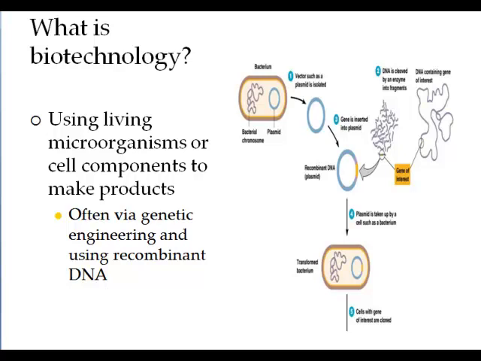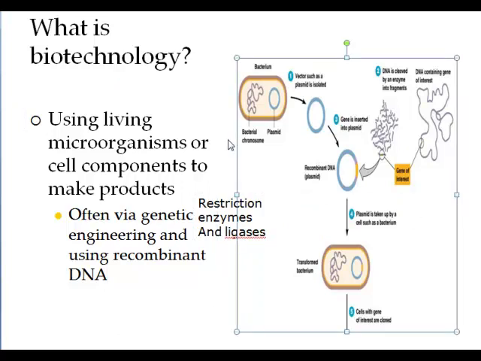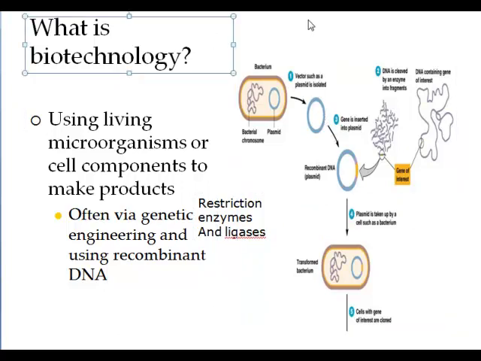Let me insert a text box and write these terms over here: restriction enzymes and ligase. Ligases are the kind of enzymes that help in connections. So ligases will then join the gene of interest within the plasmid, and put it back in the circle.